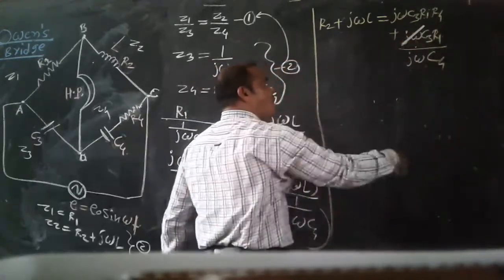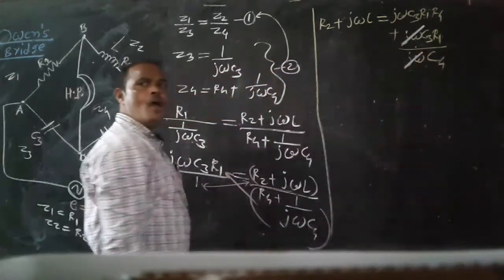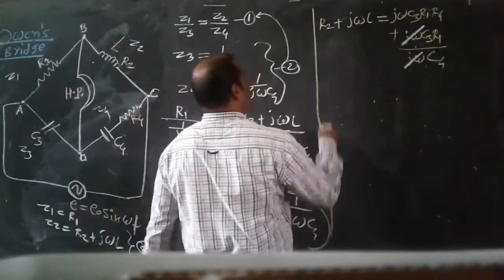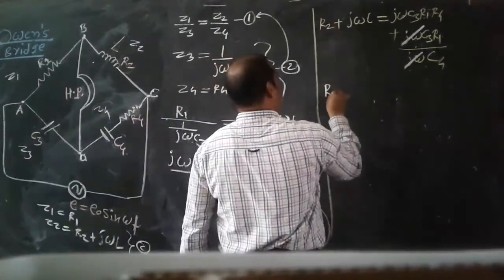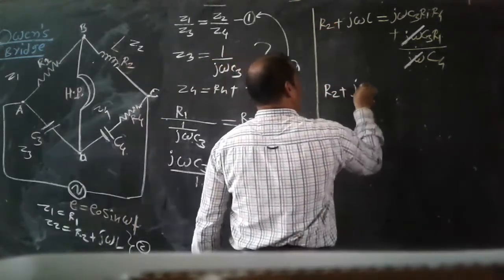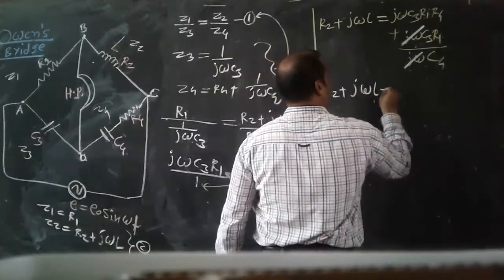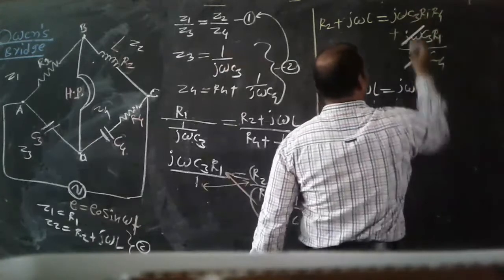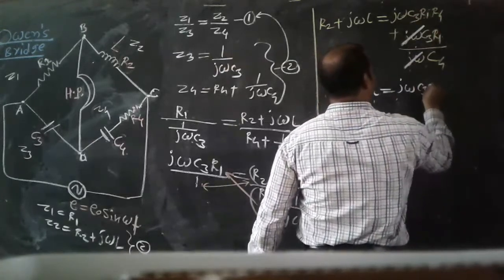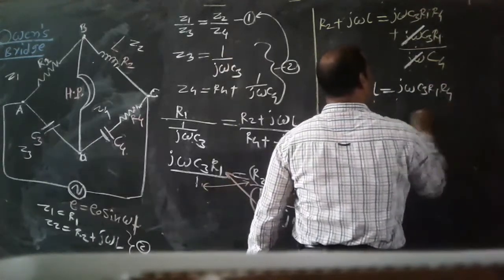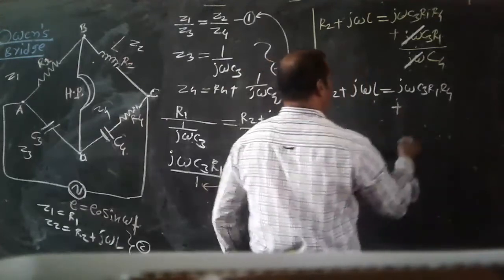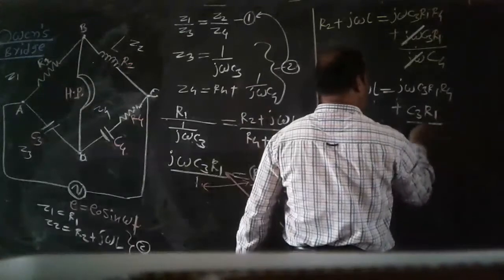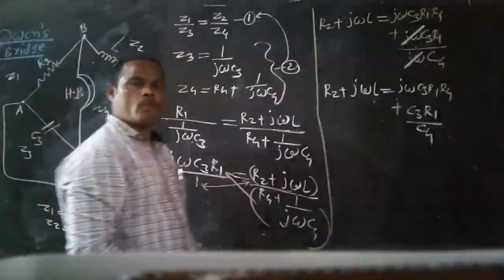This j omega gets cancelled with this j omega, and we can write R2 plus j omega L equal to j omega C3 R1 R4 plus C3 R1 upon C4.